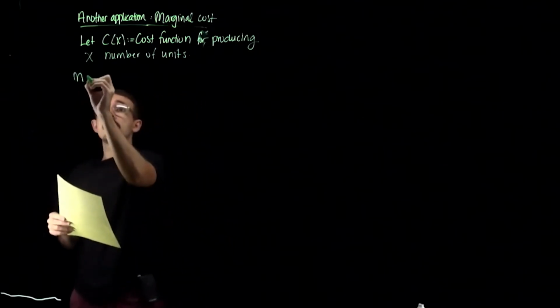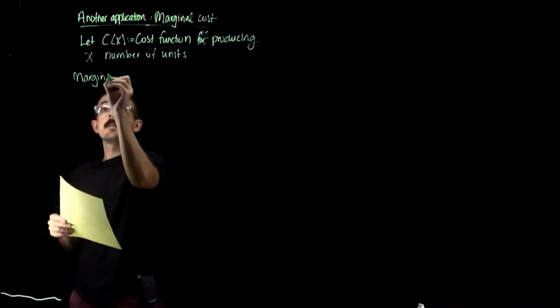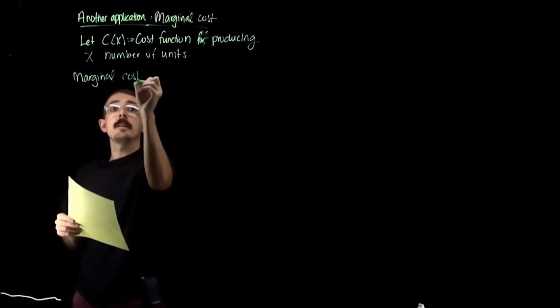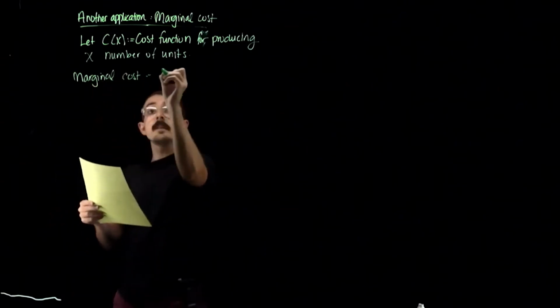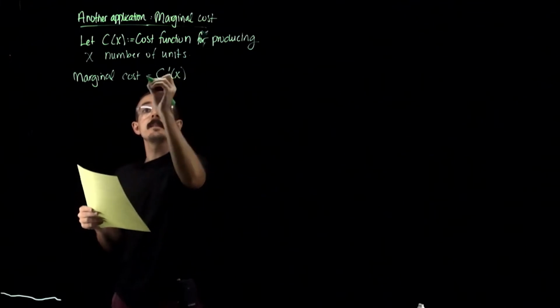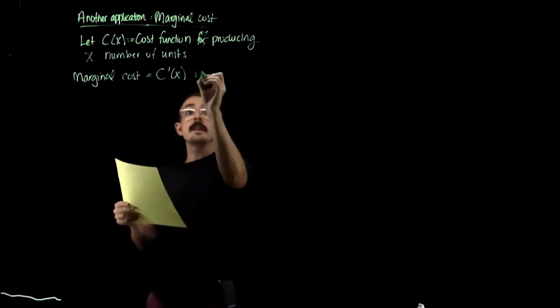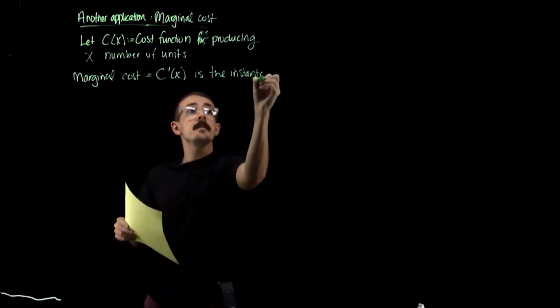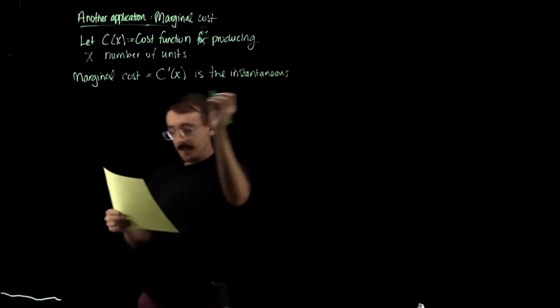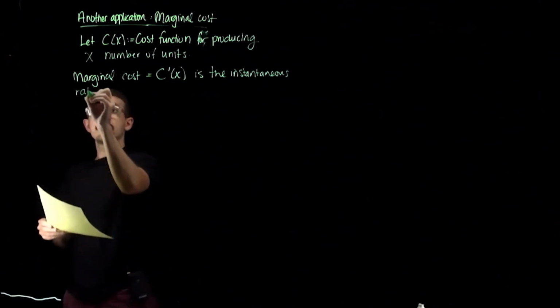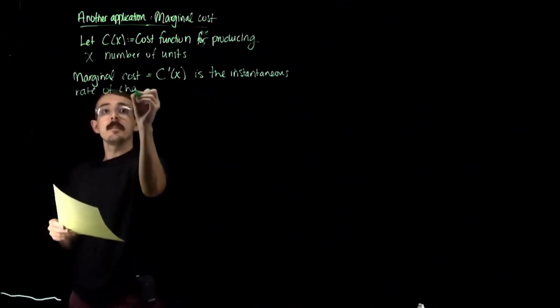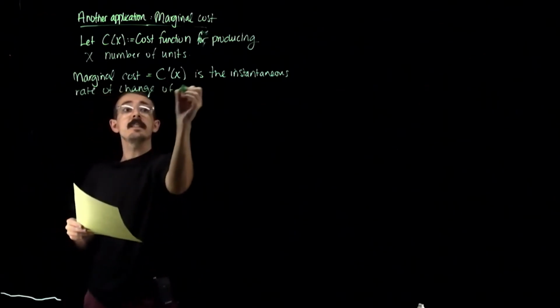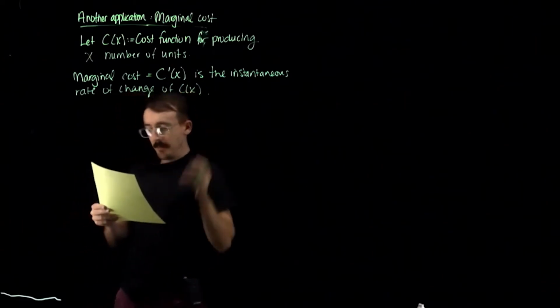So marginal cost is equal to c prime of x, which is the instantaneous rate of change of c of x, of the cost.